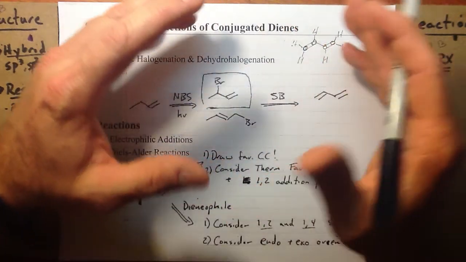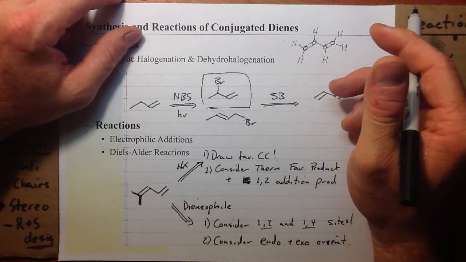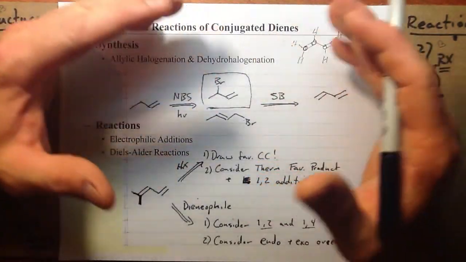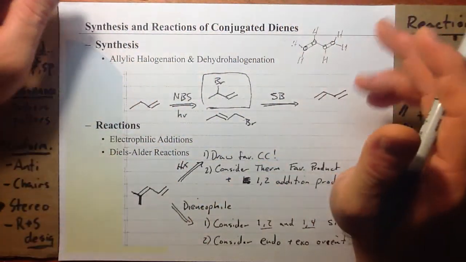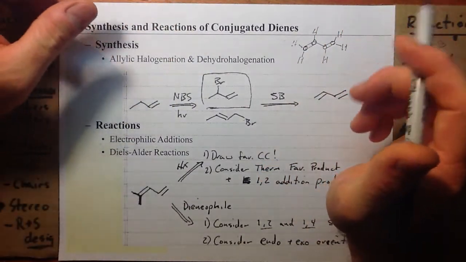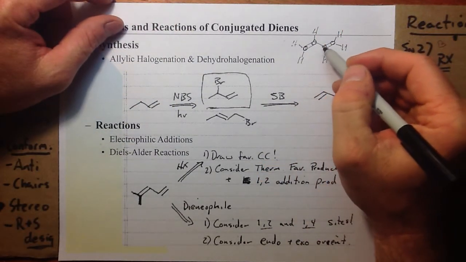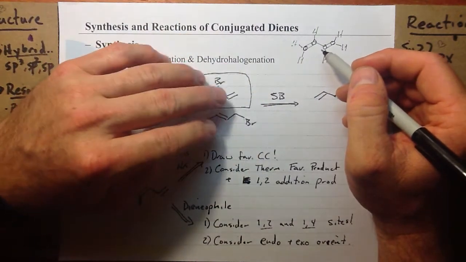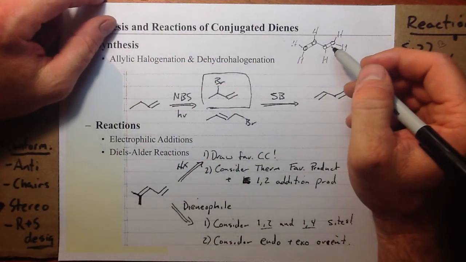That's a more fundamental definition of conjugation: an unbroken yoking of p orbitals together. Conjugated, yoked together, meaning the p orbitals, four of them in the diene, are overlapping.